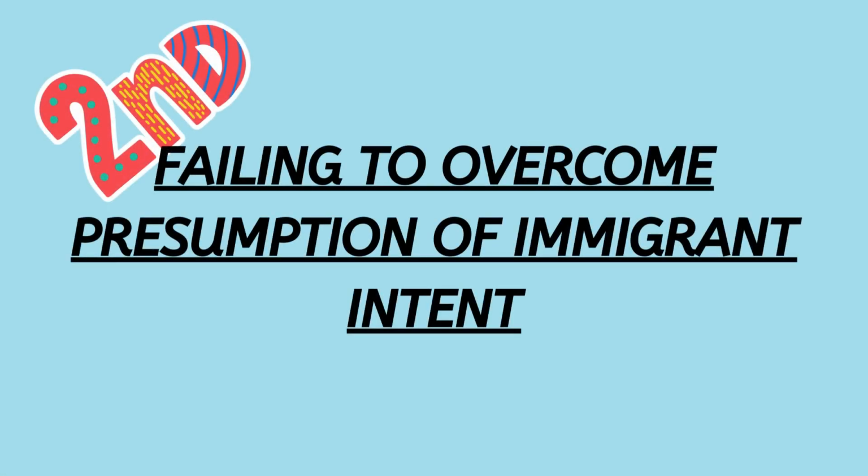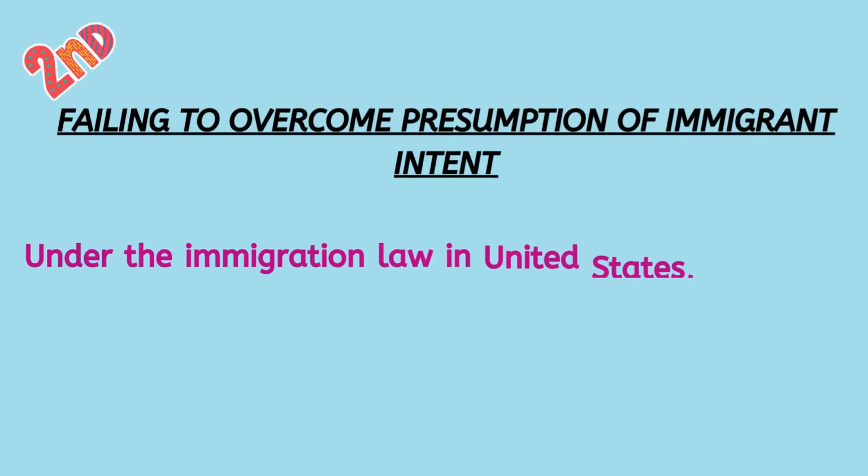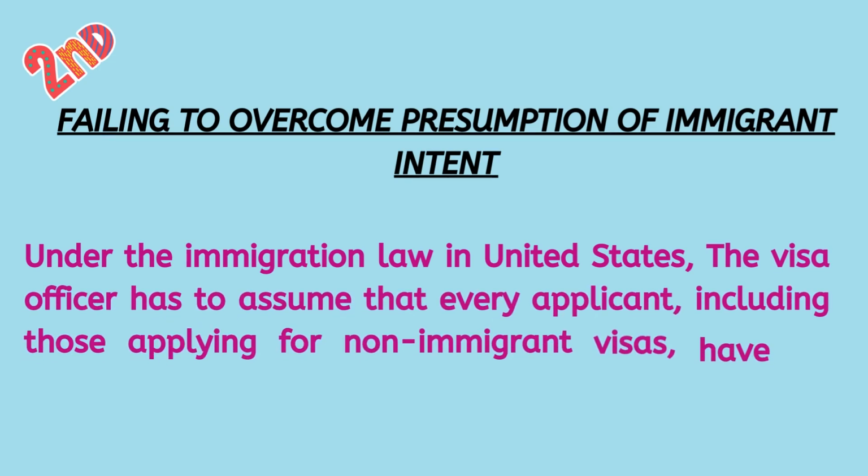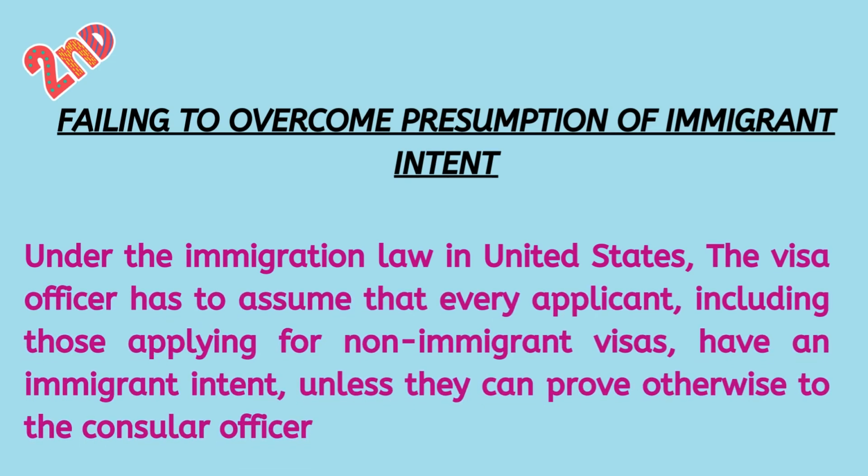And the second one, failing to overcome presumption of immigrant intent. What it means is, under the immigration law in United States, the visa officer is required to presume that every applicant, that includes even those applicants who are applying for non-immigrant visas, have an immigrant intent, unless the applicant can prove otherwise to the consular officer during visa interview.